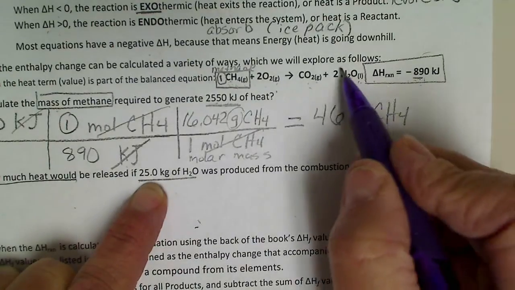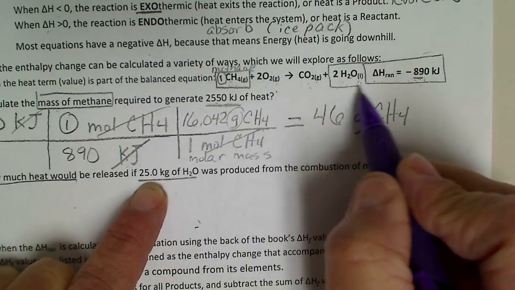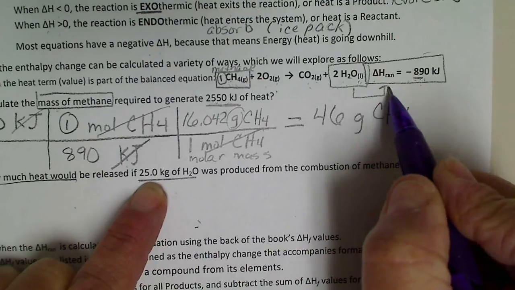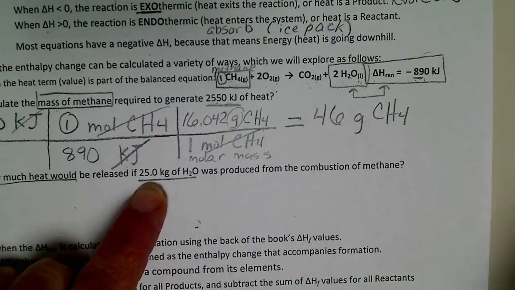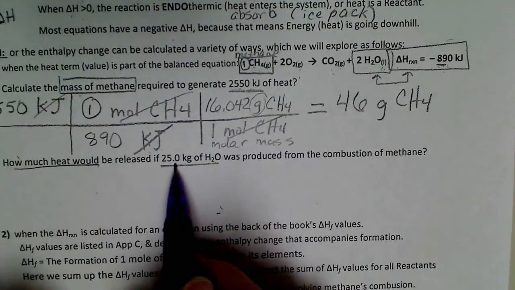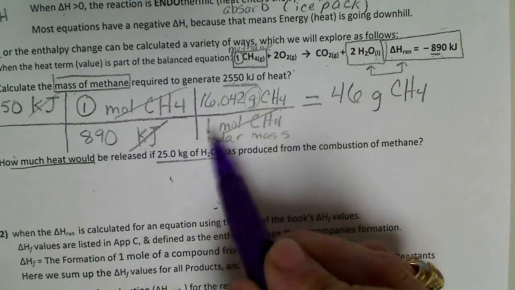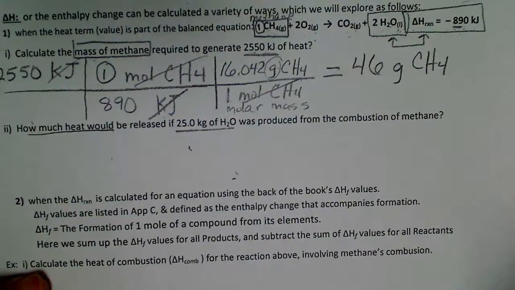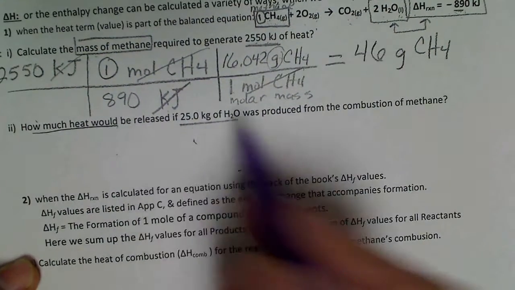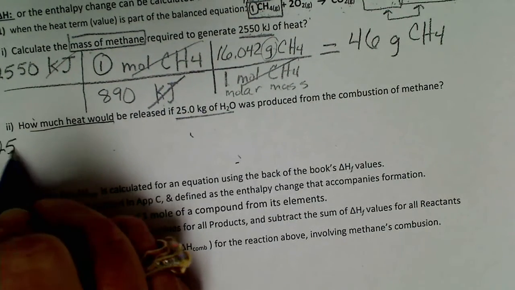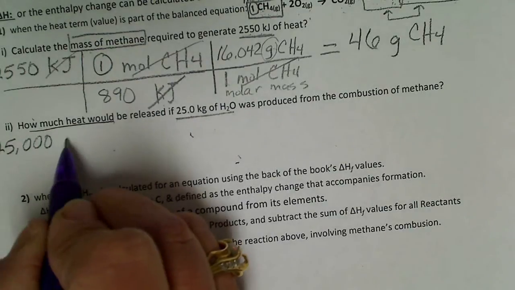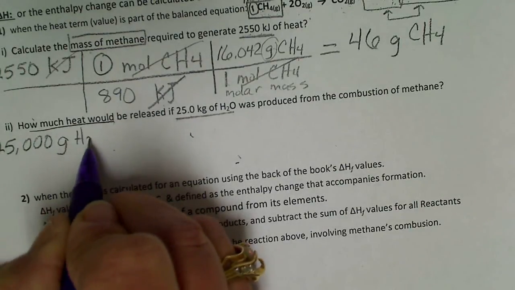Now what I'm going to care about for the balanced equation are those 2 values. My mass of water is given in kilograms. Molar mass is always the mass in grams of 1 mole. So I've got to turn 25 kilograms into grams. That would be 25,000 grams of water.